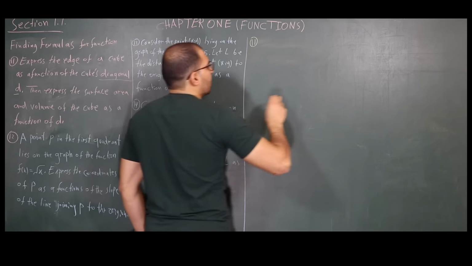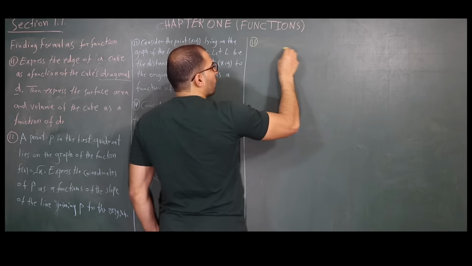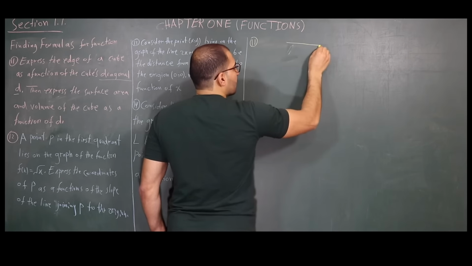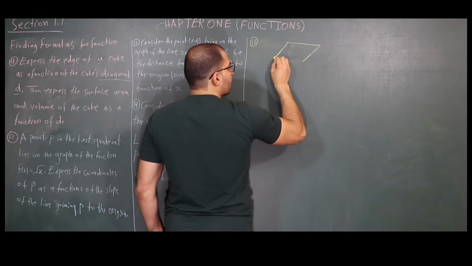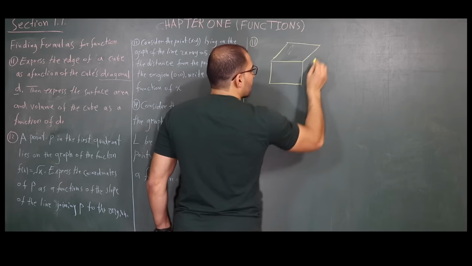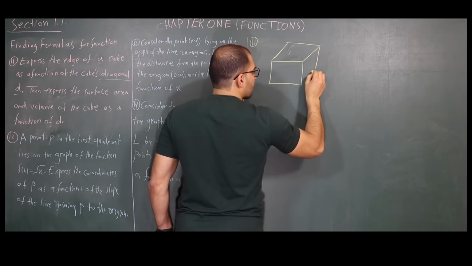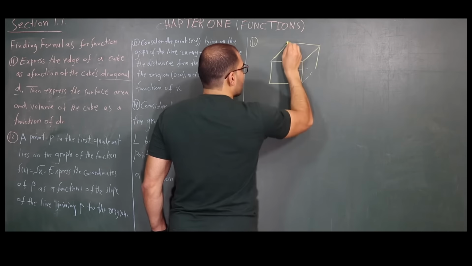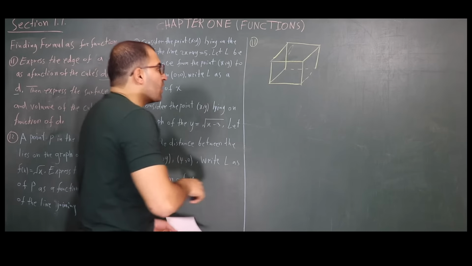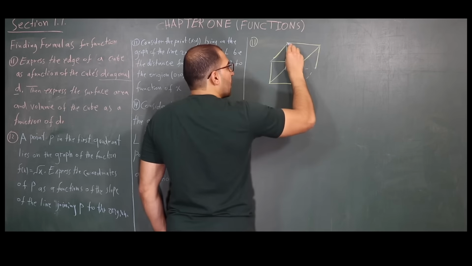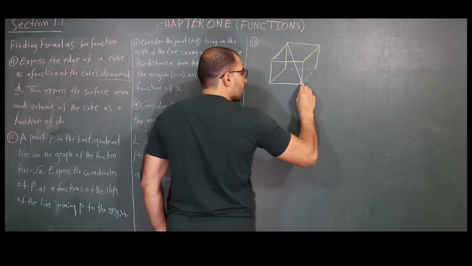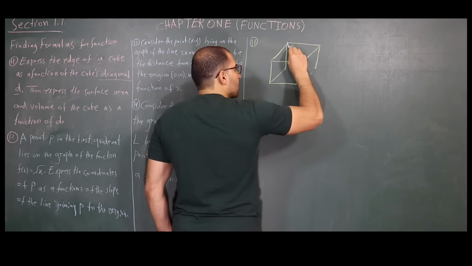Exercise number 11 here, we're going to plot a cube first, because we want to understand what we mean by the diagonal of the cube, a line that reaches from this point to this point.